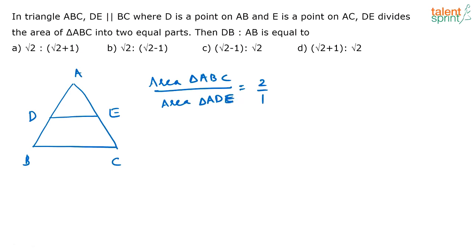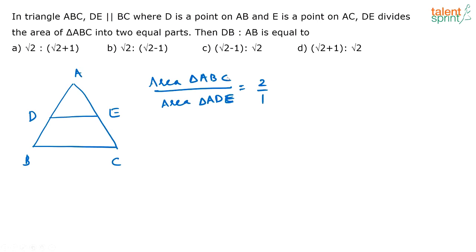Okay. See now, when you see this, what can you say? When you draw a parallel to BC, that is DE, you can see that ADE and ABC both are similar triangles, correct. They have also told us that this line DE divides the area of triangle ABC into two equal parts, or I can say that the full area of triangle ABC divided by the area of the small triangle ADE is equal to 2.